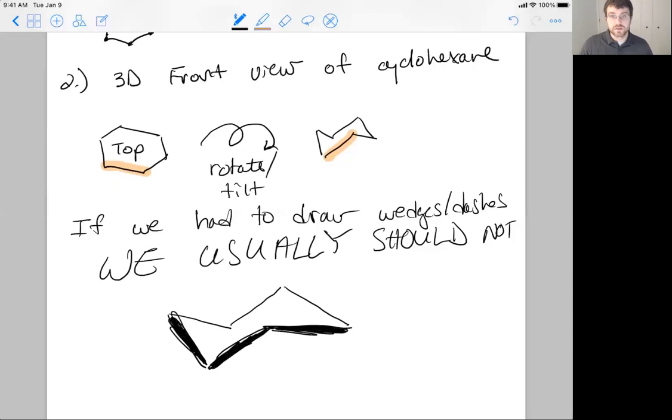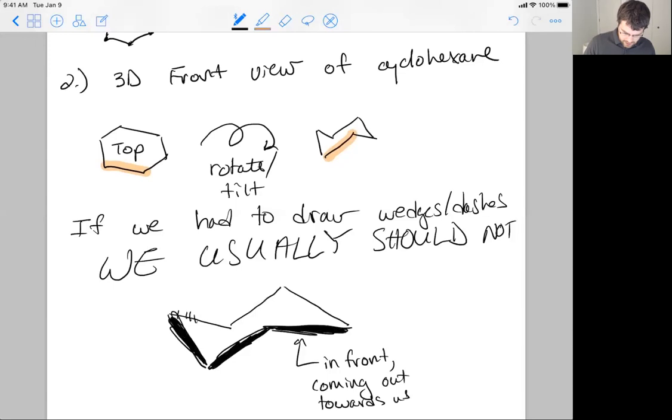3 bonds, the lower 3 bonds, okay? These bonds are coming out at us. These are in front, coming out towards us. Okay, now the other ones are going to look a little awkward. If we add wedges, we should add dashes.